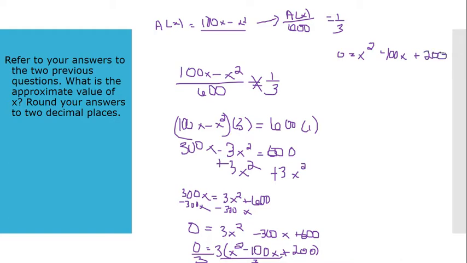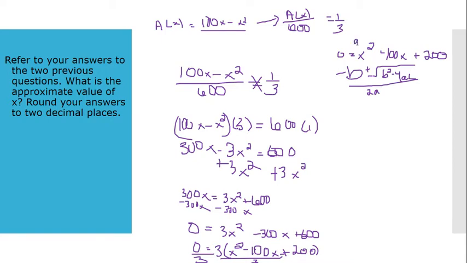Now I don't see any factors right off the bat that I can multiply to get to 200 but add to get to negative 100. So I'm going to use the quadratic formula. Remember the quadratic formula is negative b plus or minus the square root of b squared minus 4ac all over 2a. So I'm going to plug in my values.